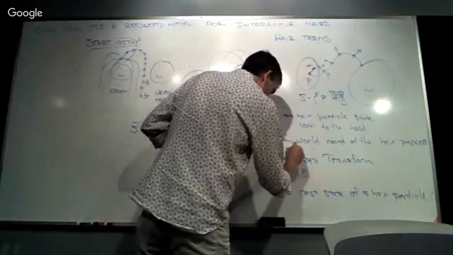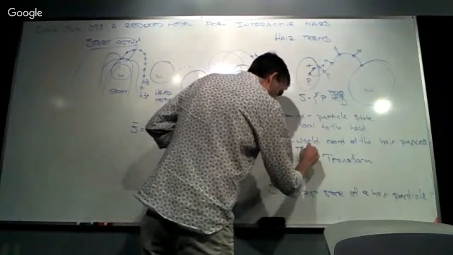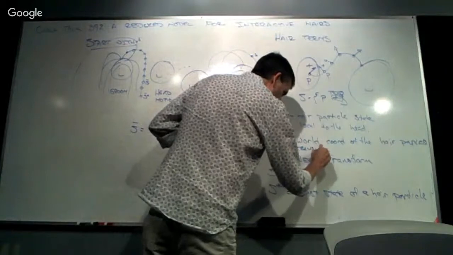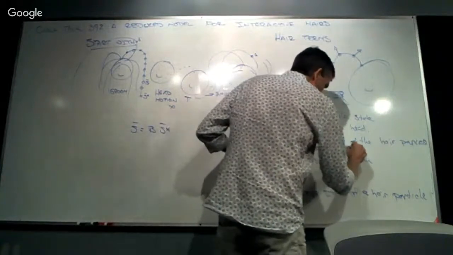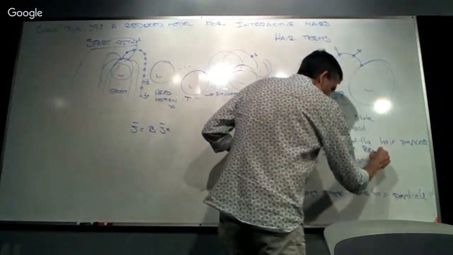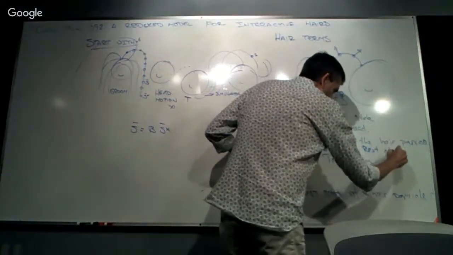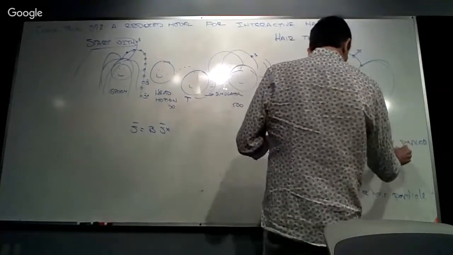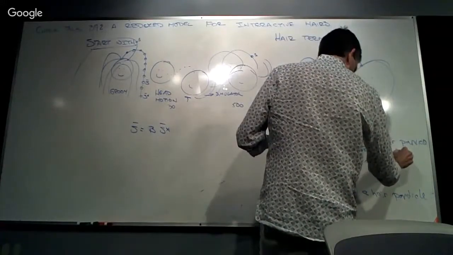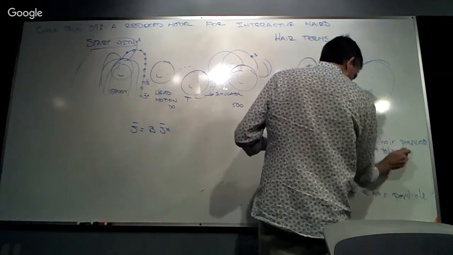And then B is the transform from rest to the simulated or sim space.